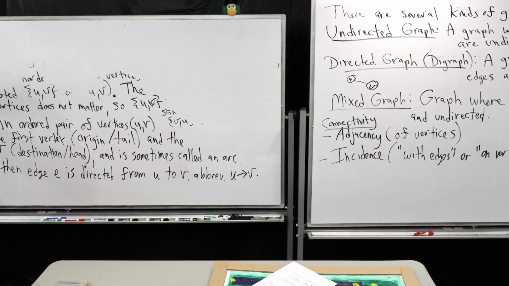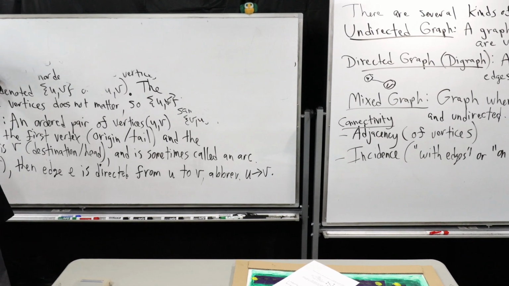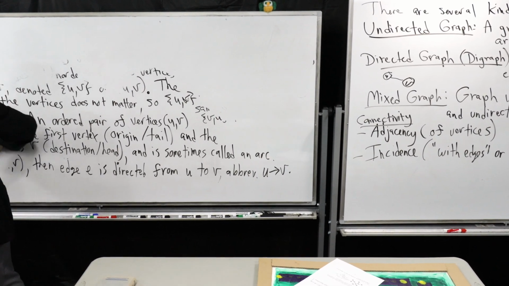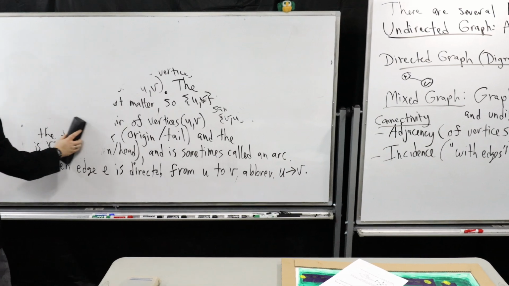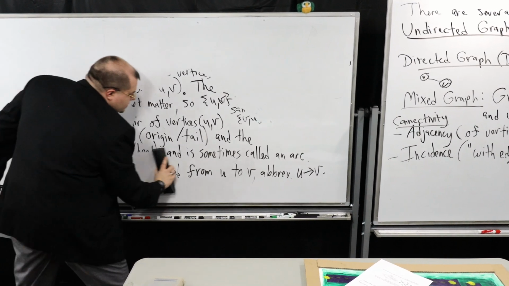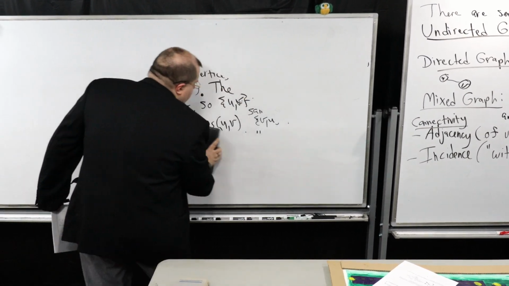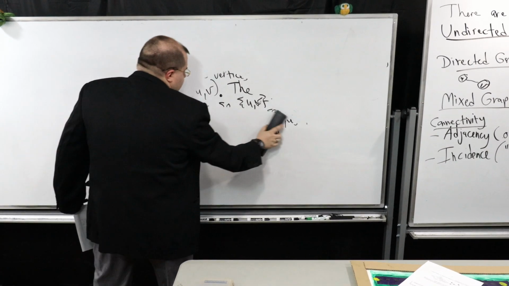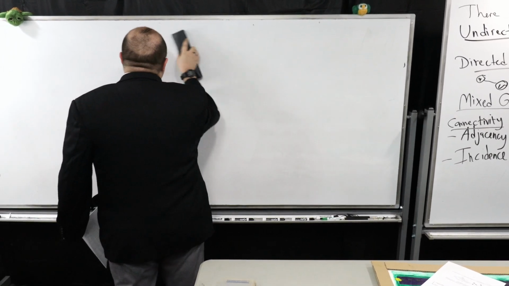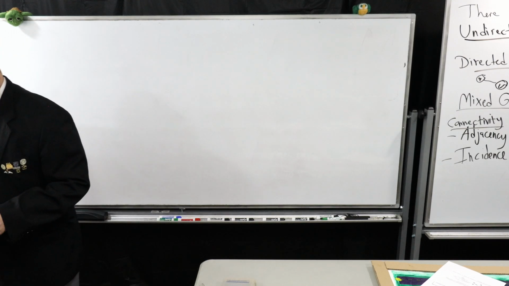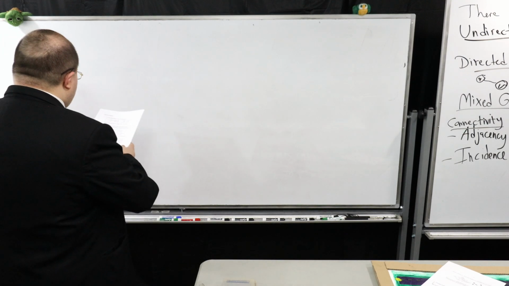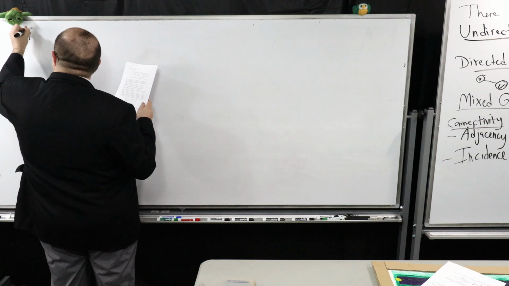I'm going to primarily focus on undirected graphs, but in the notes you'll find more terminology for directed graphs. But I will touch upon both of them. Okay. So what does adjacency mean?